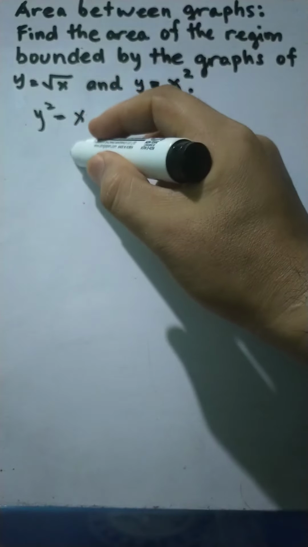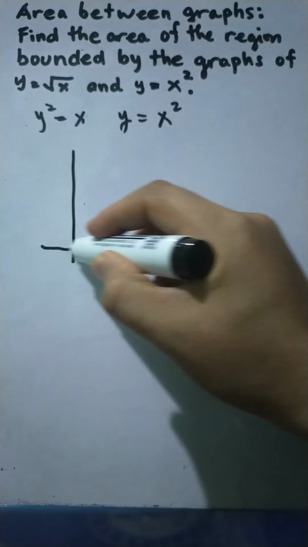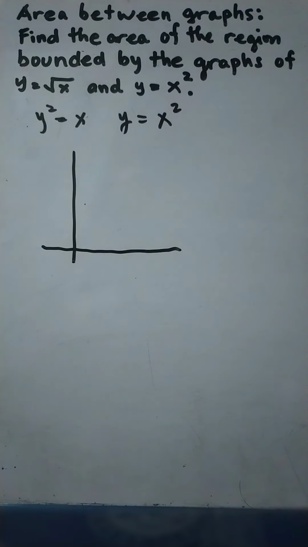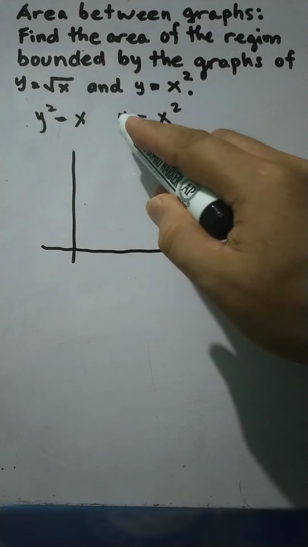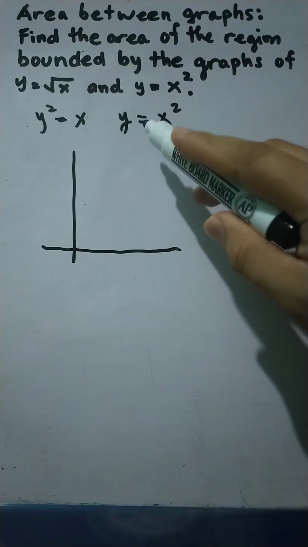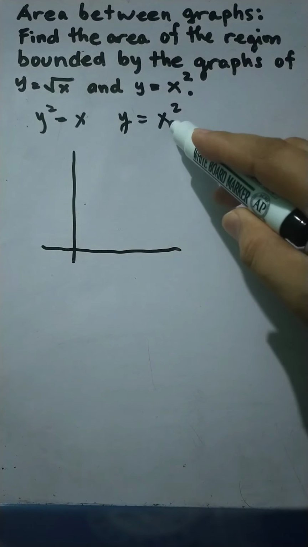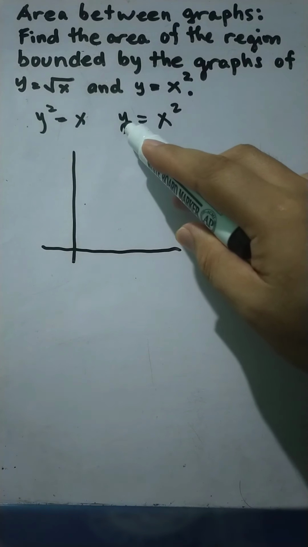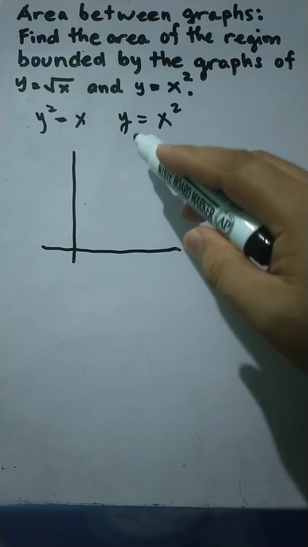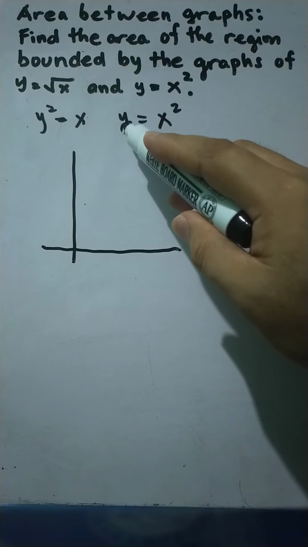So we have here our x and y coordinates. Now, for y equals x squared, remember, this is a parabola that is linear in y. So the parabola is opening to positive y.